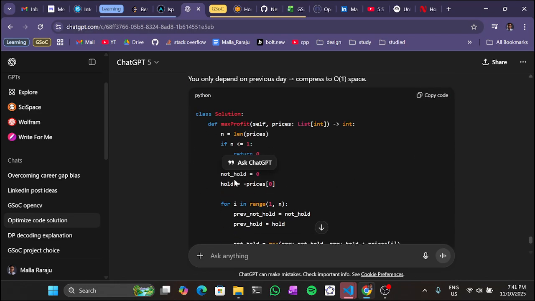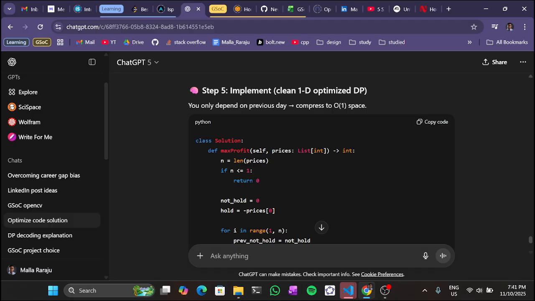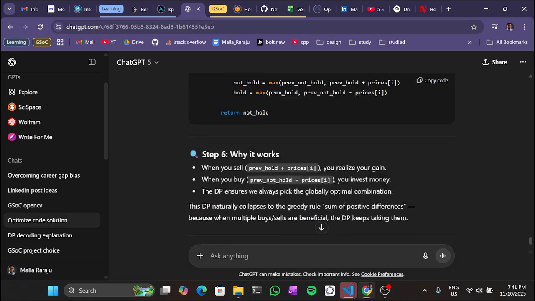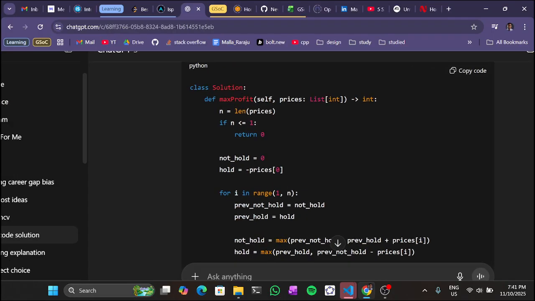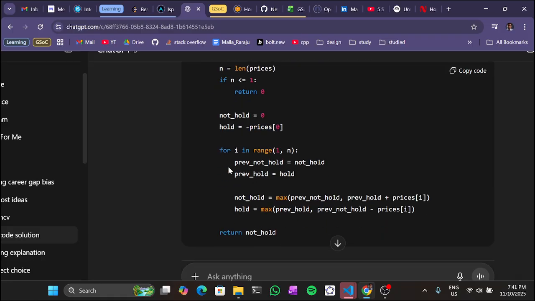It's really confusing. Let's see what's happening here. We are not holding, so 0 holding. Then price, it is negative because we bought it with the price. So we go through each value.